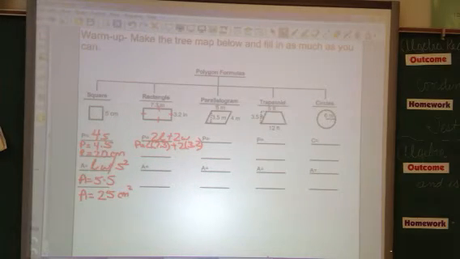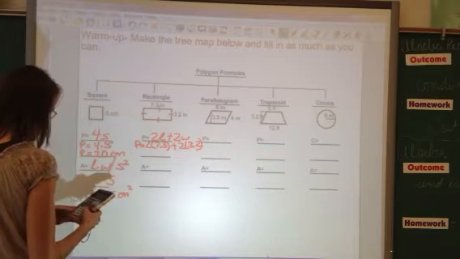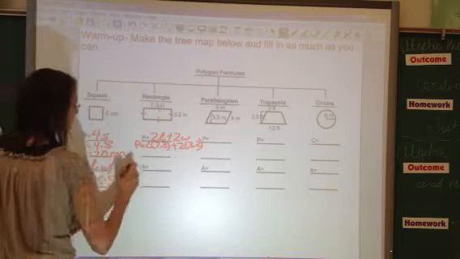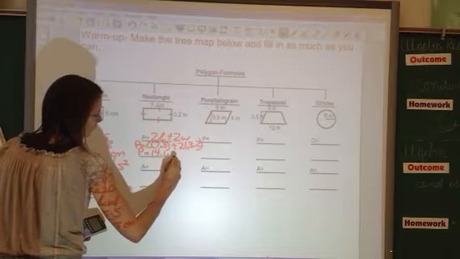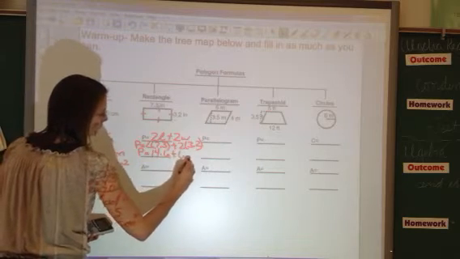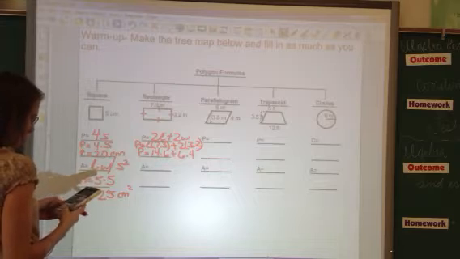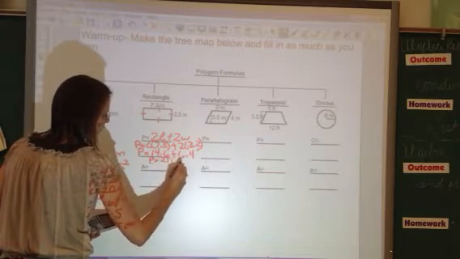And when I stick that in my calculator, 7.3, gotta turn it on, 7.3 times 2, I get 14.6 plus 6.4. And when I add those together, I get perimeter equals 21 inches.